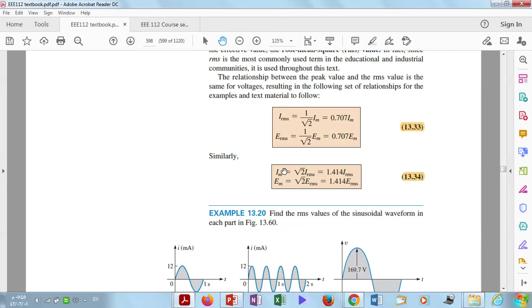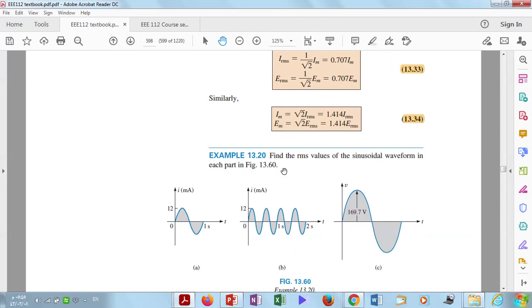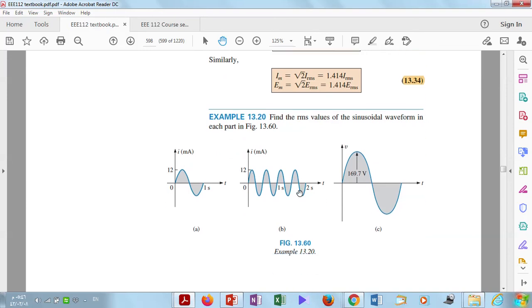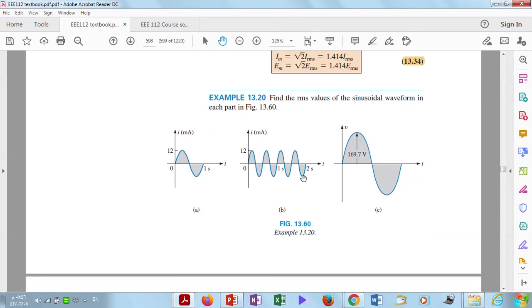Okay, let us see an example. Find RMS values of a sinusoidal waveform in each part. We have parts A, B, C. You don't need to look at the period, or how long the waveform is. You only need to look at the peak value. The peak value here is 12.